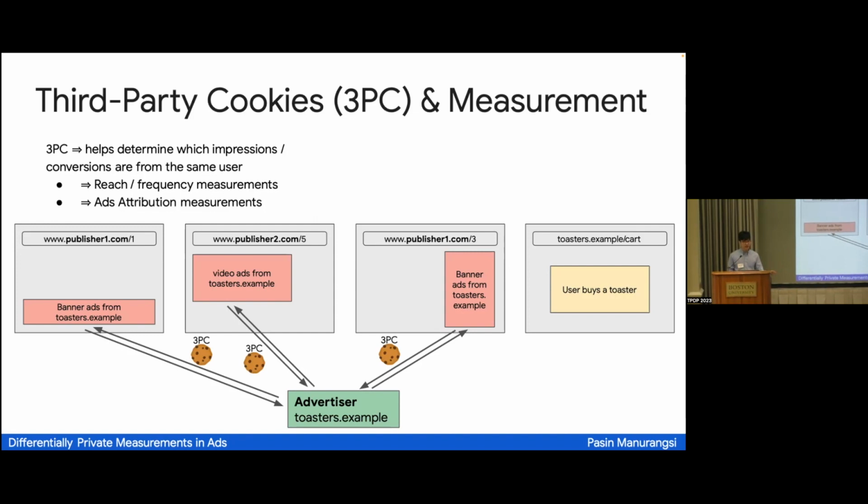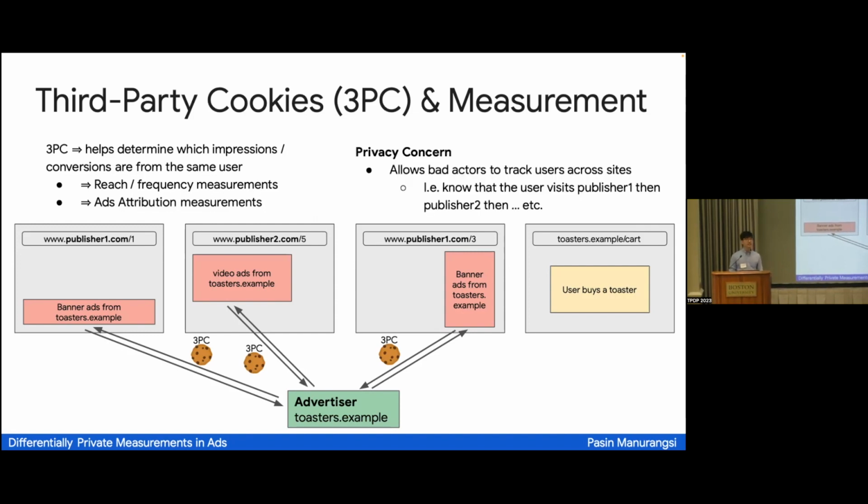So that's great for them. But as you can imagine, this can be very easily abused, right? Because if someone managed to put some script or some ad across many and many websites, they can more or less construct some partial history of your browsing history. So that is very bad, and we don't want that.